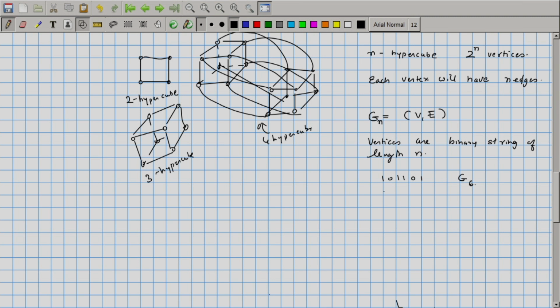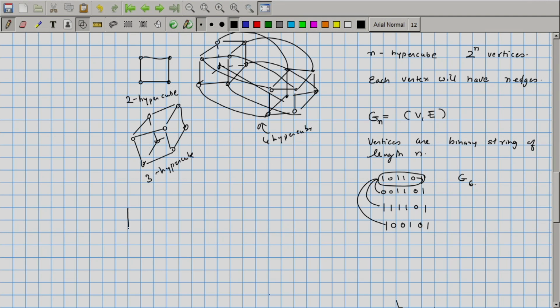So, this is going to be connected to 0 0 1 1 0 1, it is also going to be connected to 1 1 1 1 0 1, then it is going to be connected to 1 0 0 1 0 1 and so on. Okay. So, you can flip any one bit position inside a particular vertex, and you will get another vertex. Those two vertices are going to be connected.